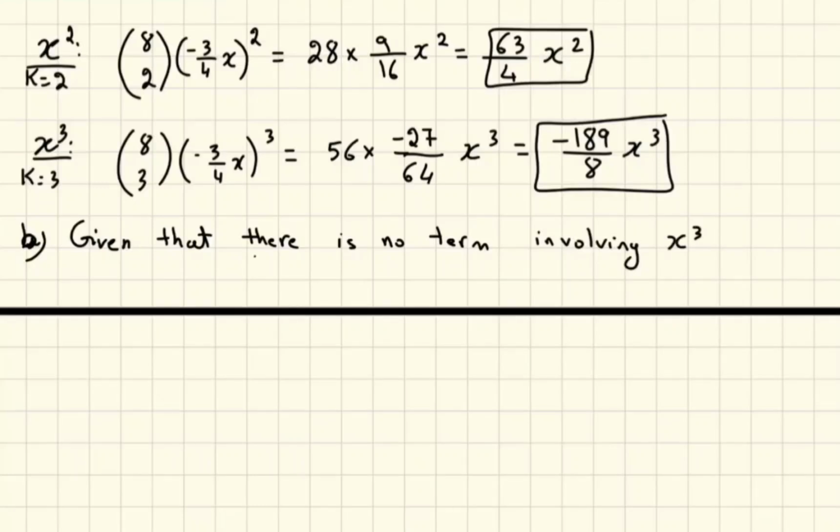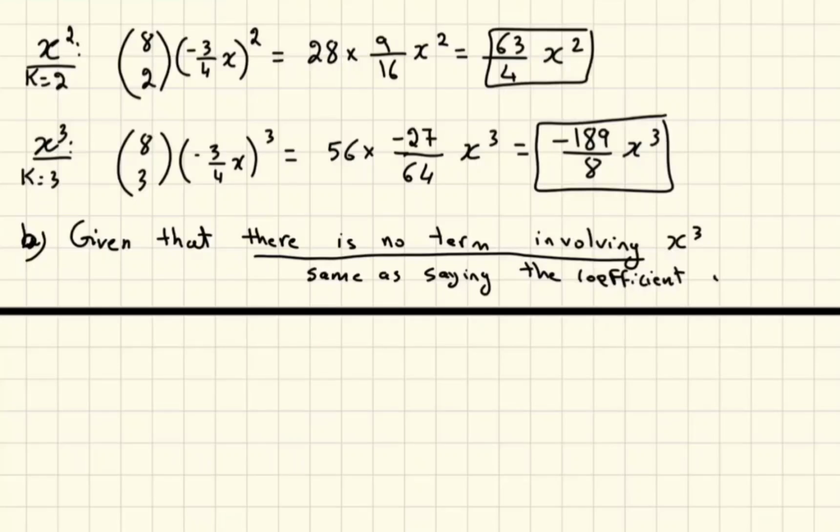Whenever you see this, there is no term involving something, it means the same as saying the coefficient of x cubed is 0. You need to keep this in mind whenever they ask this question. So if they don't want a term in x cubed, or x exponent 4 and whatever, then the coefficient of that term must be 0. This is the whole idea.